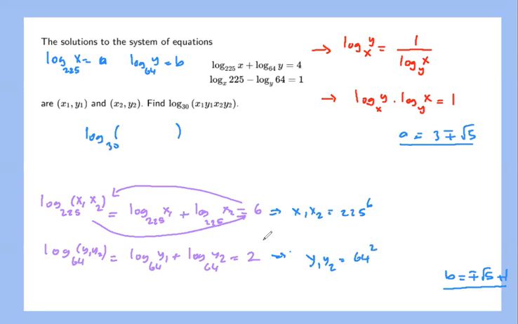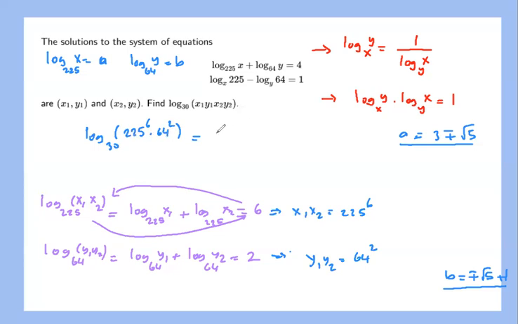Again, if you are not convinced with these, please pause a moment and look at what we did before you move on. Now we have 225 to the 6th power times 64 to the 2nd power, and we would like to write this number as a power of 30. You can just try: this is 15 squared, and this is 2 to the 6th power.